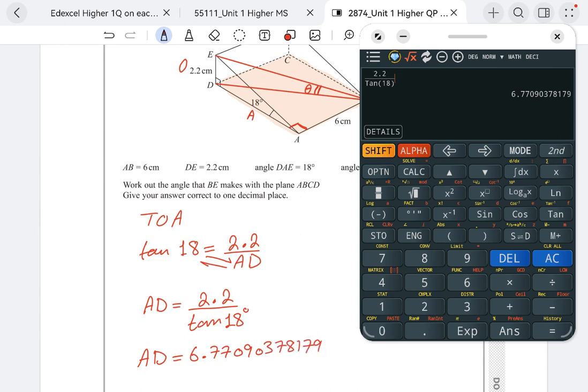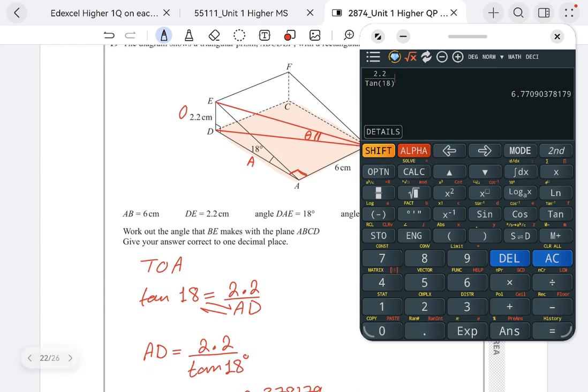I'm just trying to take the whole answer. I don't like doing simplification on each part, because due to the accumulation of errors, your answer at the end would be a little bit far from the exact answer. So for this part, let us take AD as this answer. Now you have AD.